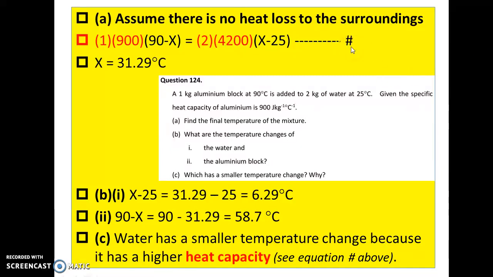If you look at the equation above, this represents the heat capacity of water, 2 times 4,200, and the heat capacity of the aluminium block is 900. The reason why it has a smaller temperature change for water is because of its larger heat capacity.